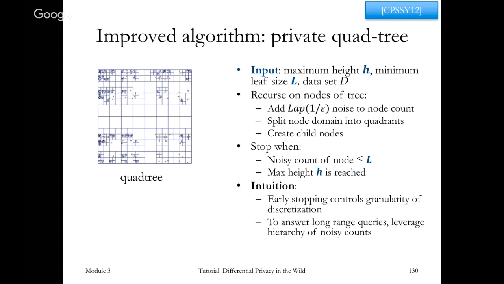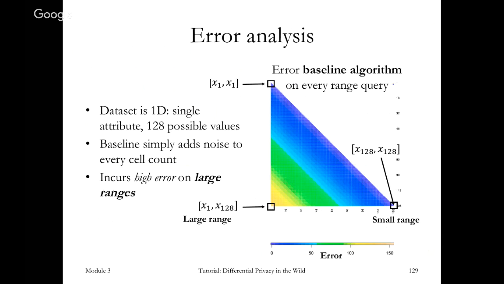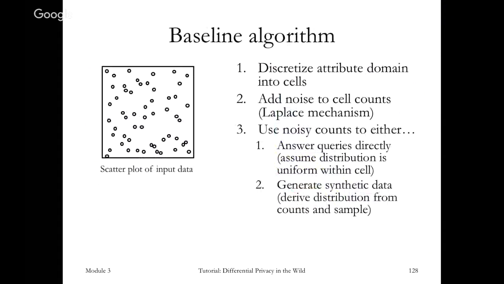Okay, if I ask two queries that have two sets that overlap some, I can't use parallel composition. I have to use sequential composition, like here.